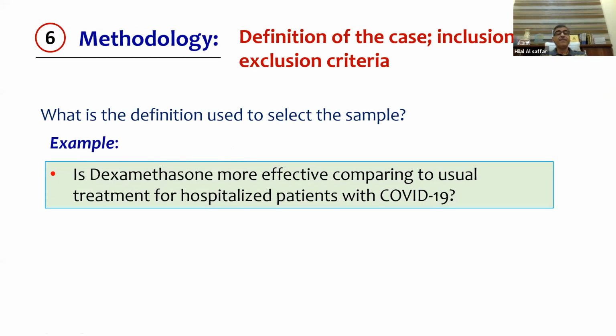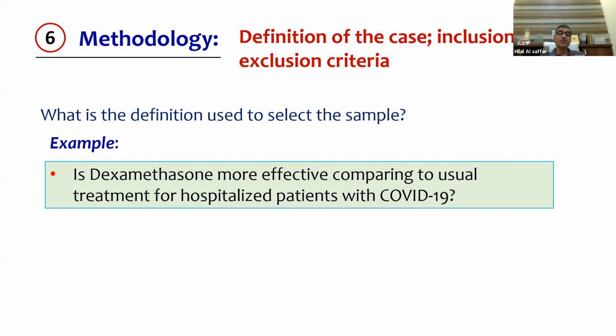Is dexamethasone more effective comparing to usual treatment for hospitalized patient with COVID-19? الآن ليش احنا مهم نحدد شنو الانرولمنت criteria for definition؟ من نجي نقول hospitalized patient with COVID-19, any one of you can raise a question on which base you label this patient as having COVID-19.